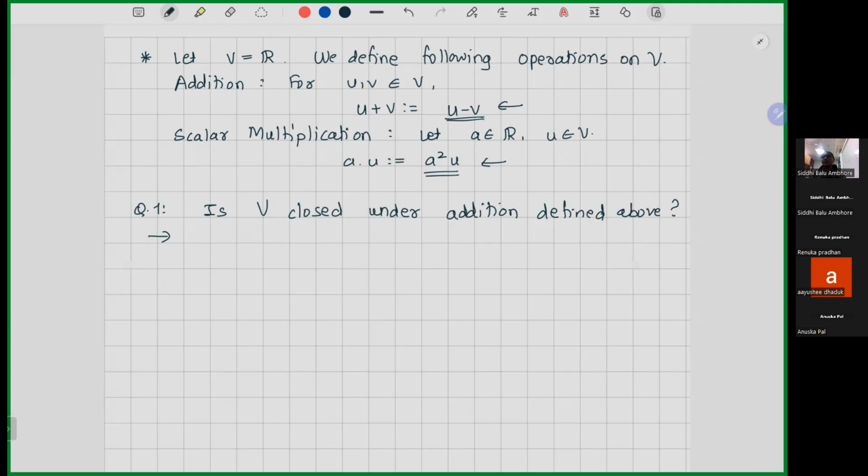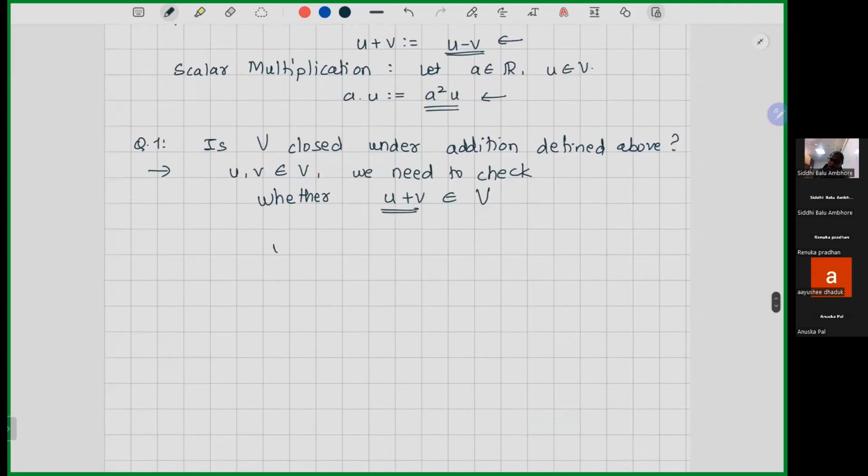Closed under addition, I hope you know the definition. Closed under addition means, for the addition defined here, if we have u and v in V, then we need to check whether this u plus v, our vector addition defined here, belongs to V or not. So what is this u plus v?